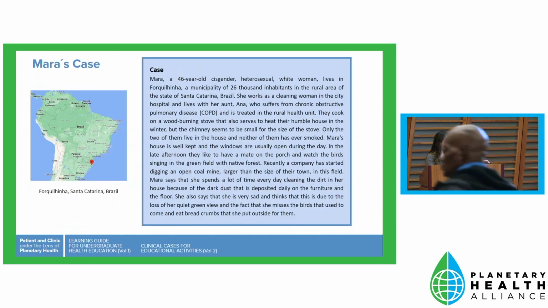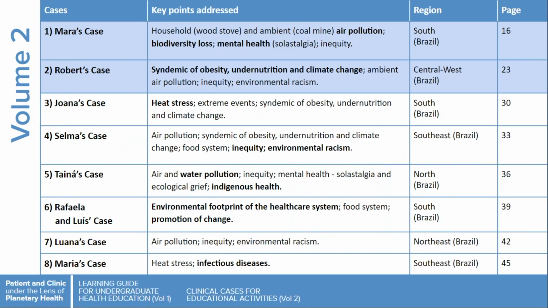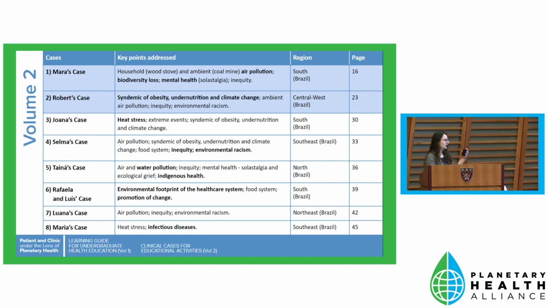Volume 2 here. So we have these cases, and they cover a lot of aspects of planetary health. I didn't say this before, but air pollution, biodiversity loss, mental health, the epidemic of obesity, undernutrition, and climate change, heat stress, inequity, environmental racism, water pollution, indigenous health, environmental footprint, and the healthcare system, promotion of change, and infectious diseases.